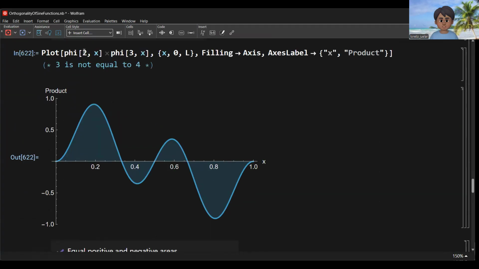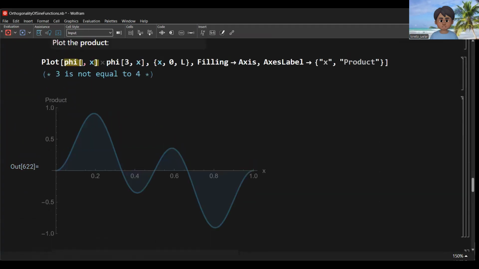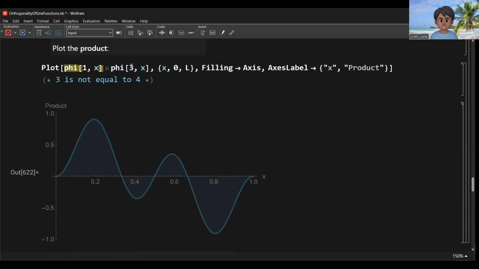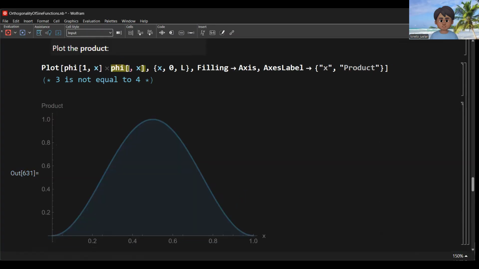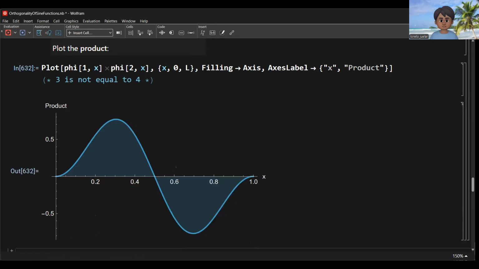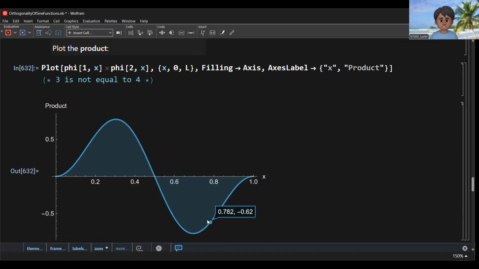For example, if this is equal to 1 and this is also equal to 1, so n is equal to m, then the total area is equal to 1. Now if they are not equal, for example this is equal to 2, we have the positive area and the negative area, which gives 0.